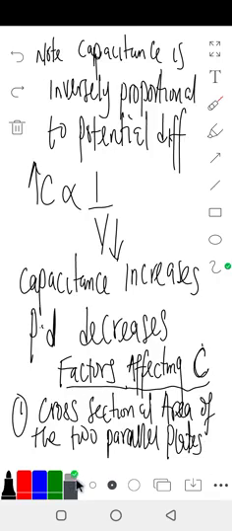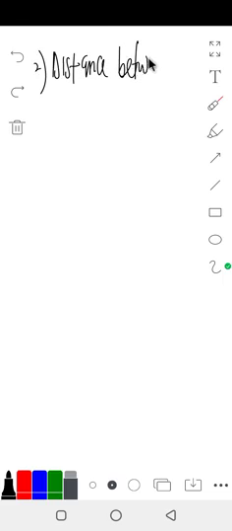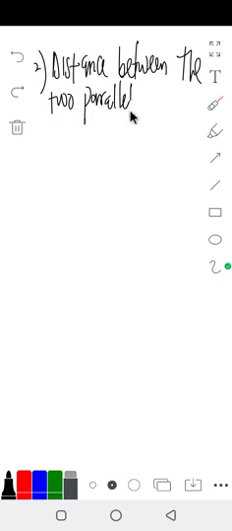Number two, we have the distance between the two parallel plates.